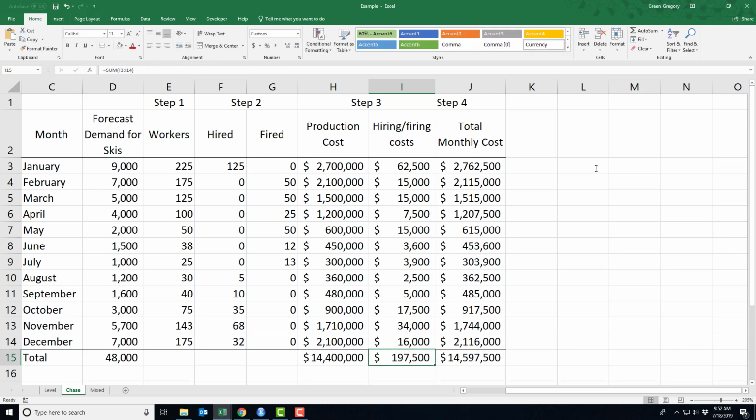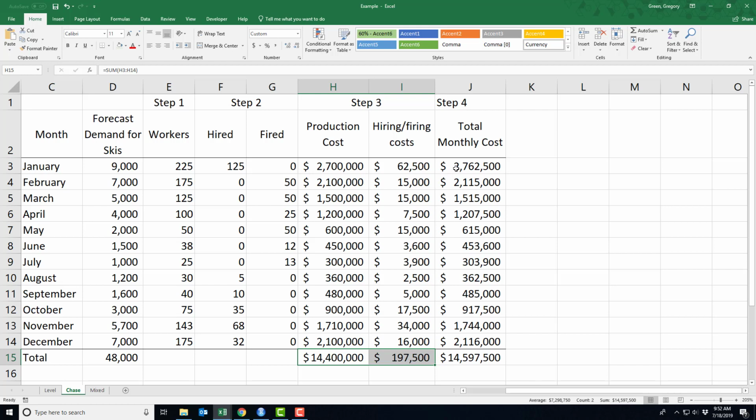So over the course of the year, I'm going to spend $197,500 hiring and firing people, which implies that my total costs are the sum of all my monthly costs. Now I could have just as easily summed across this total, but I get the same thing.